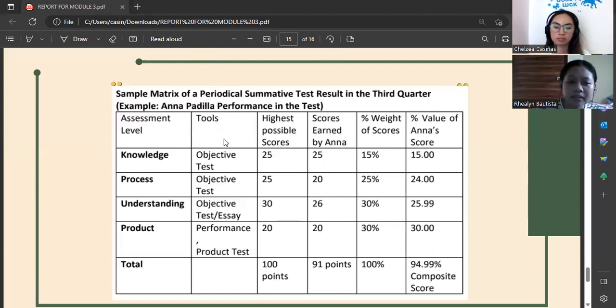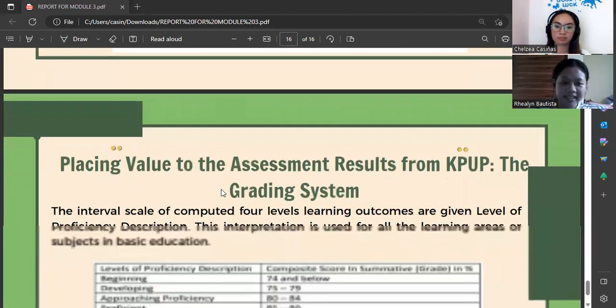So, pag pinag-plus natin to, knowledge, process, understanding, product, makakakuha tayo ng total 94.99%, or ito yung tinatawag nating composite score. Ito ang tatandaan, yung composite score, dahil makikita natin kung para saan to, yung 94.99% mamaya. Next slide.